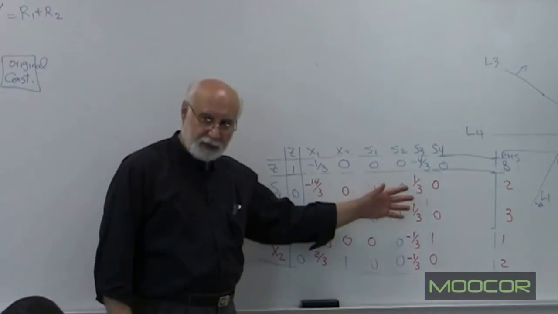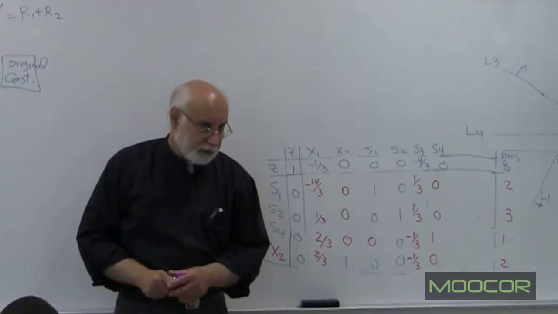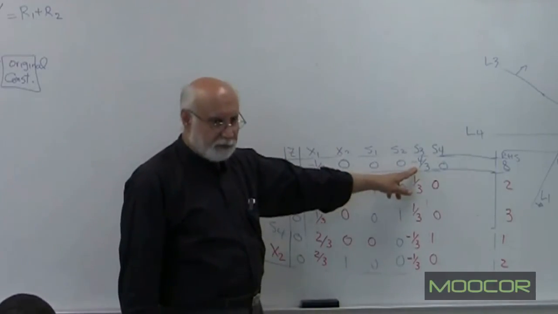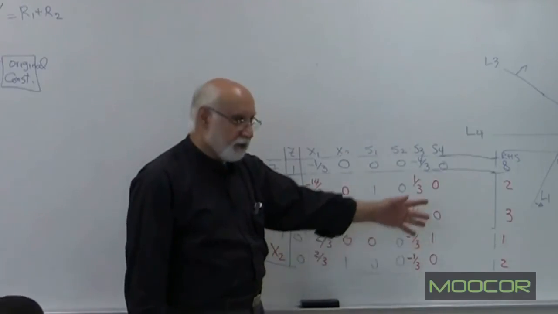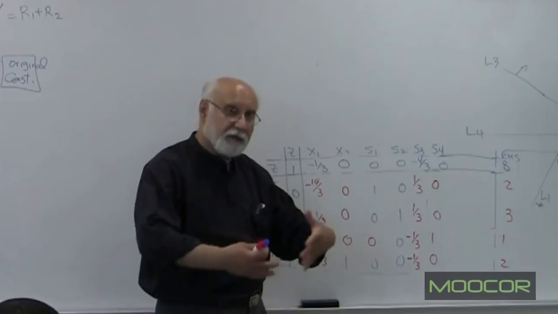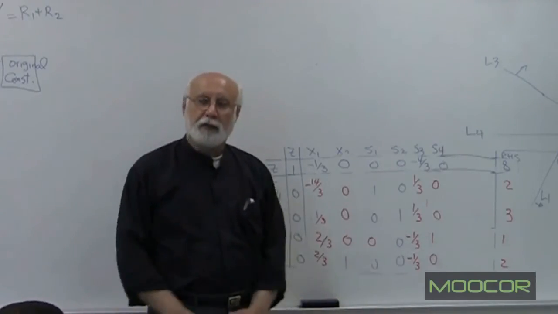That was a minimization problem. This is a maximization problem. So we will be looking for the most negative. We will be looking for the minimum ratio. And we carry an iteration. We carry it out until we get an optimal solution.